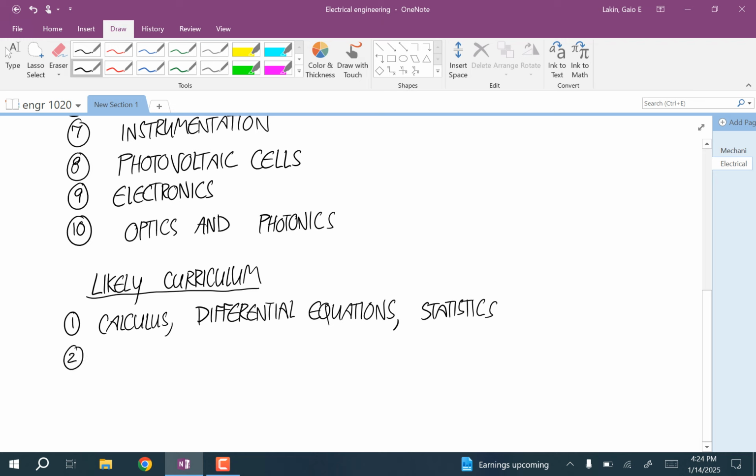For science classes, you'll have to take two semesters of physics. In fact, in most electrical engineering departments, you'll have to take another semester of physics, which is modern physics, where you study quantum mechanics and relativity. You'll also have to take some chemistry.